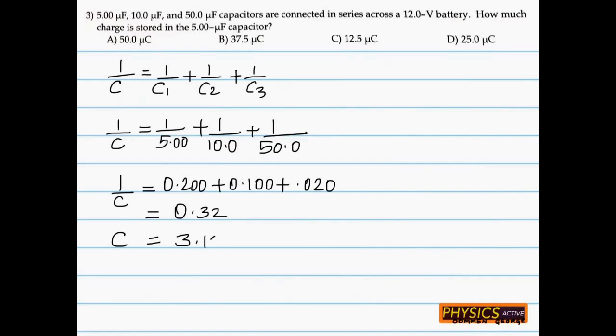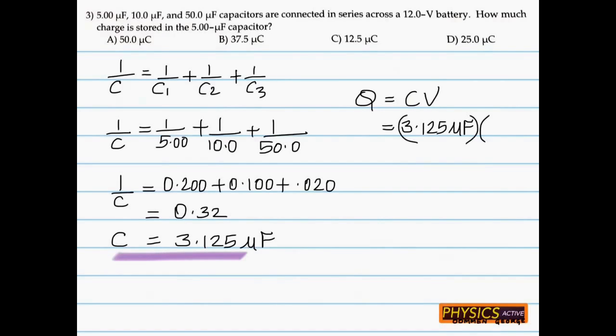And on taking the reciprocal, you get 3.125 microfarad. And the charge is that capacitance multiplied by the voltage, which gives 37.5 microcoulomb. Remember that the charge through each one of these 3 will be the same because they are connected in series.